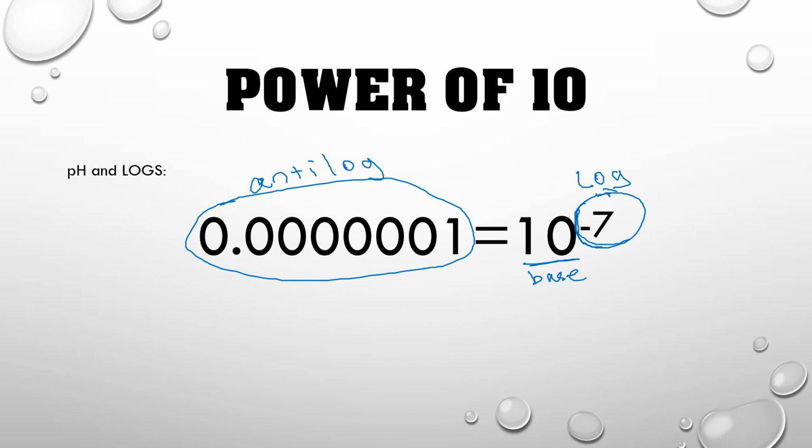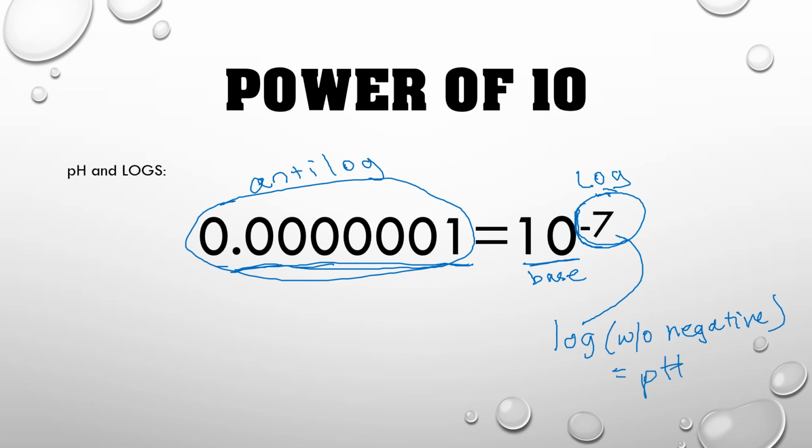And whatever you write it out long form to is going to be the anti-log. And then the log without the negative sign is the pH. The anti-log is the same thing as the hydrogen ion concentration, and these brackets mean concentration.